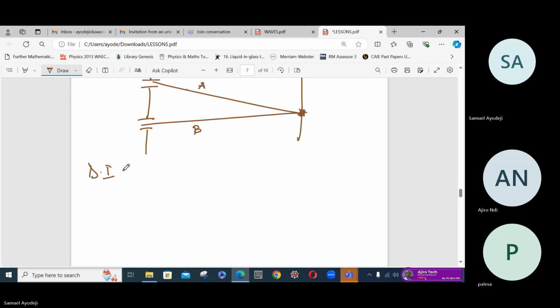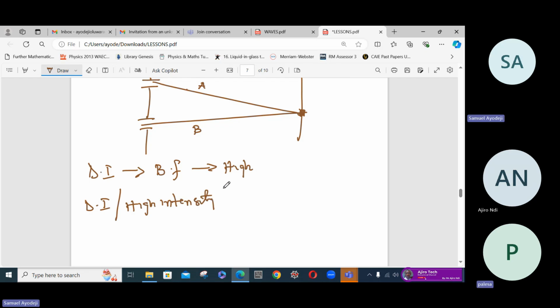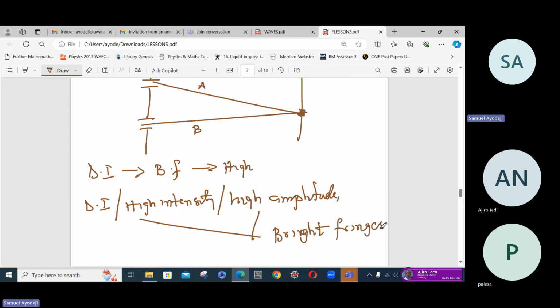Destructive interference, high intensity, high amplitude, all of these correspond to bright fringes.